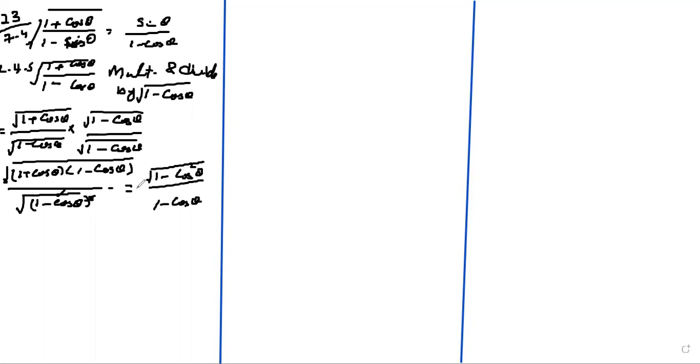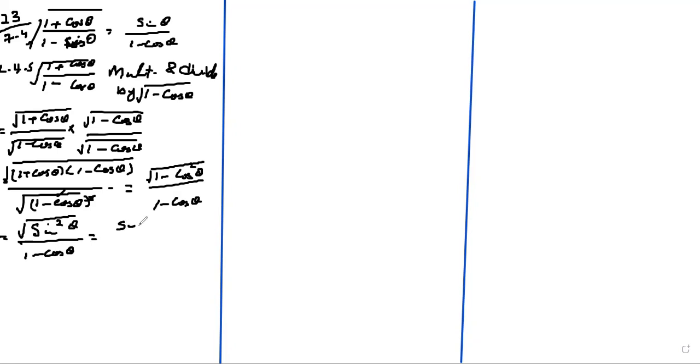So we have, this equals to, 1 minus cosine square theta is sine square theta, which is under the root, and divided by 1 minus cosine theta. This root and square got cancelled.